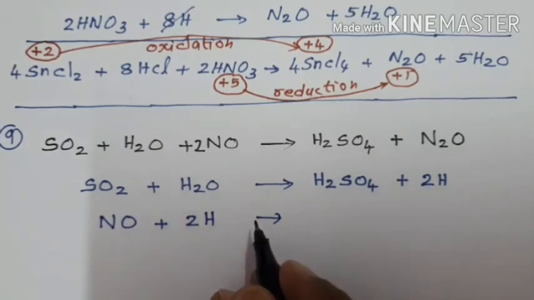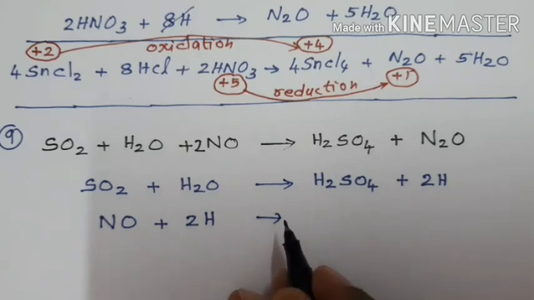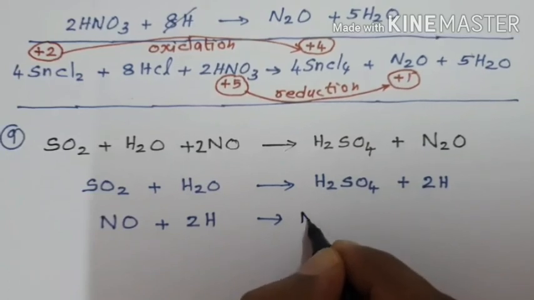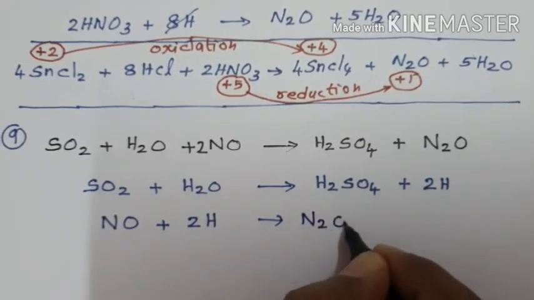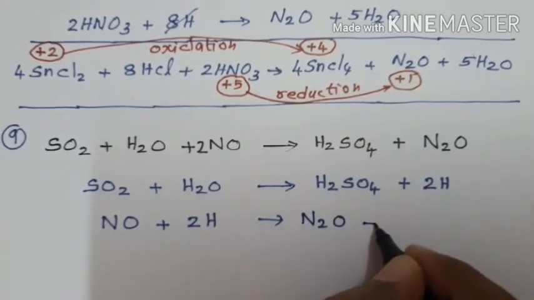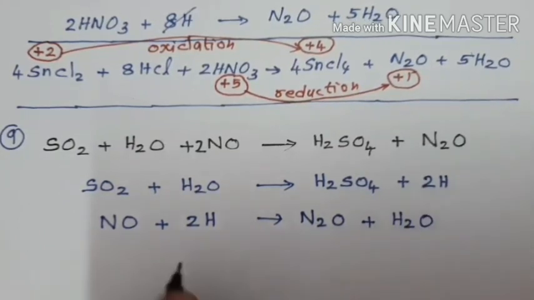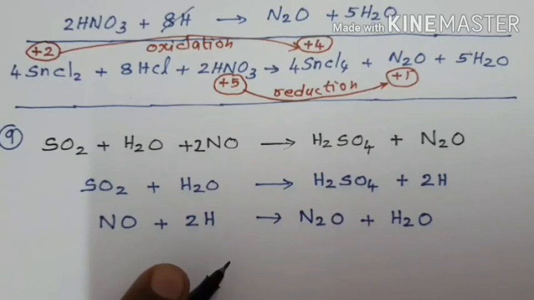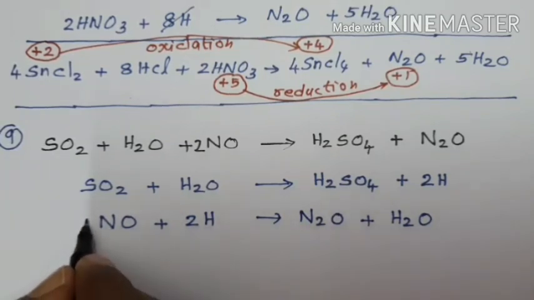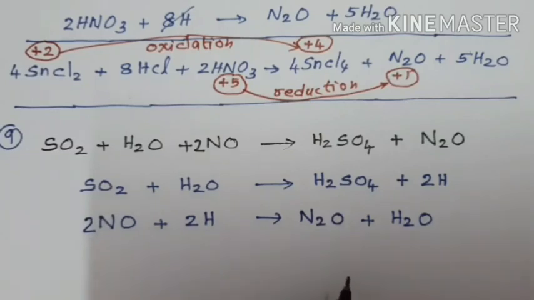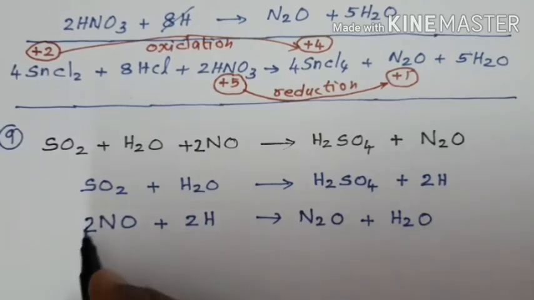It is reduced into N2O, nitrous oxide, plus H2O. To balance the equation, on the right hand side 2 nitrogen, 2 nitrogen, and 2 oxygen, everything is balanced.